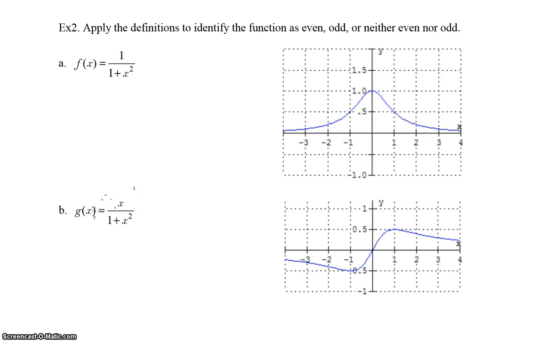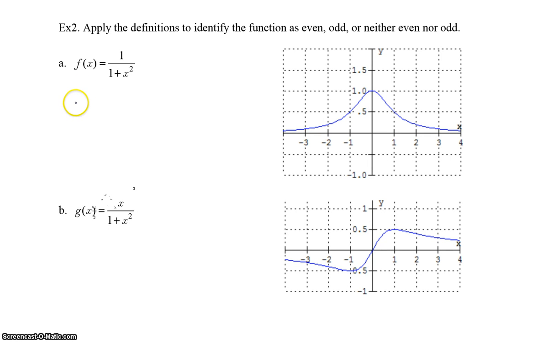Example 2 says, apply the definitions that we just stated to identify the function as even, odd, or neither even nor odd. For all of these examples, we'd begin by evaluating f or g or whatever the name of the function is of minus x. So suppose we have f of x equals 1 over 1 plus x squared.